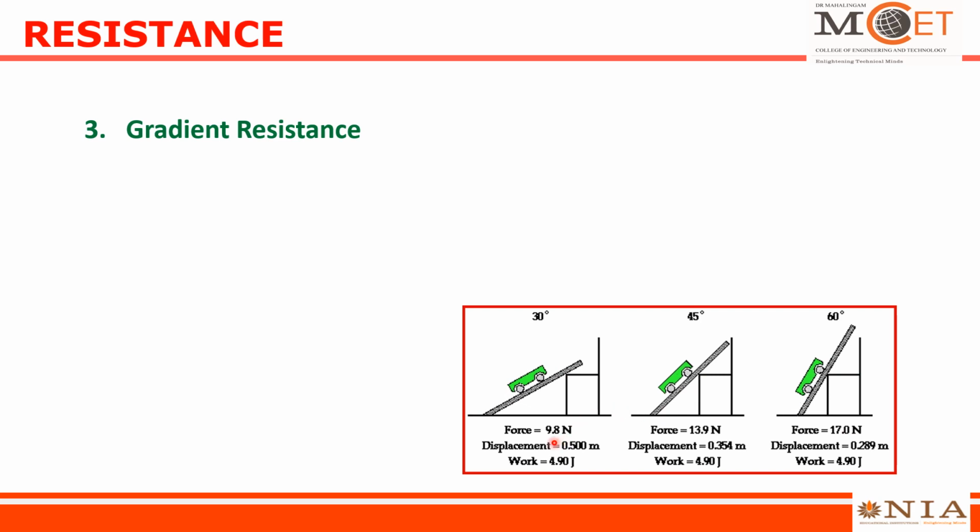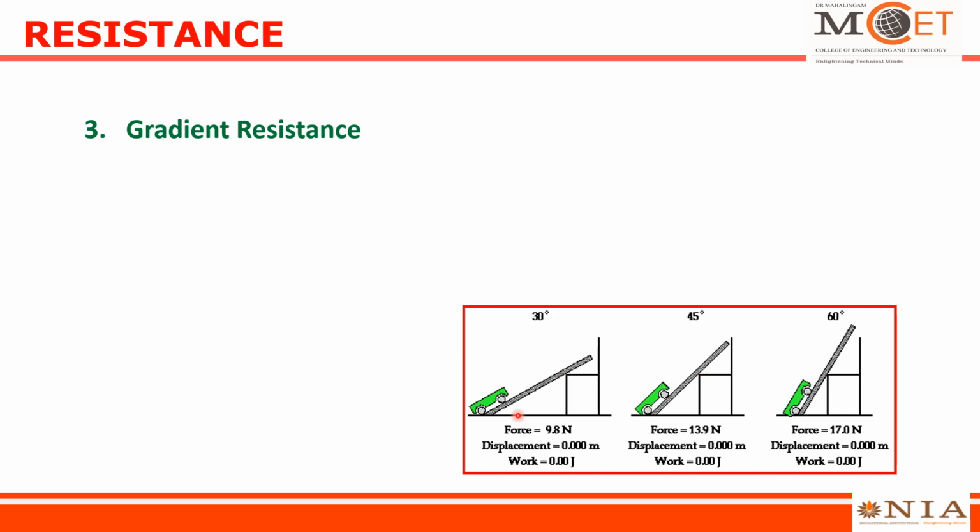Even though we give 9.8 Newton, here 13.9 and here 17 Newton, the first car reaches the top before the other two cars. Here the angle of slope plays a major role.